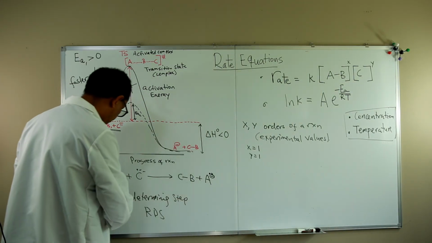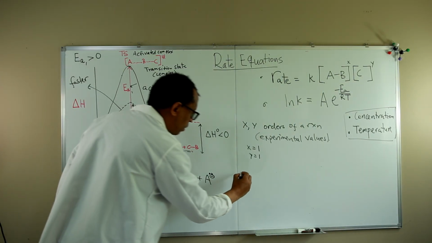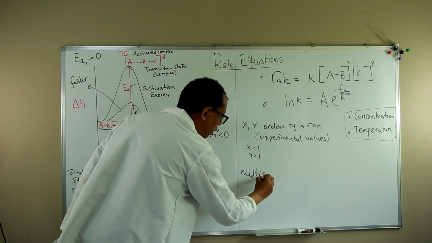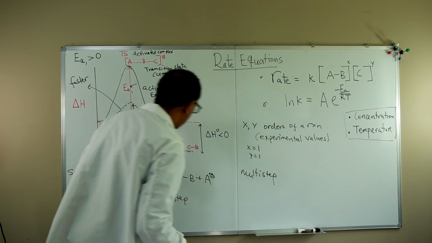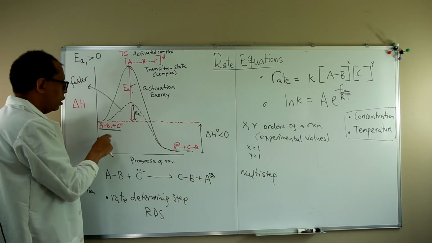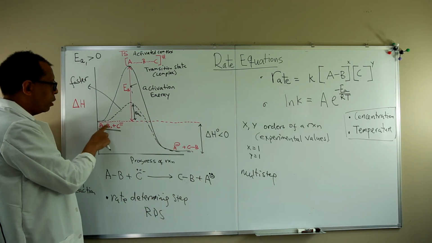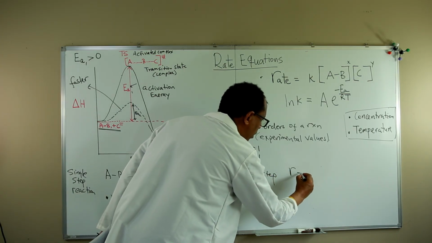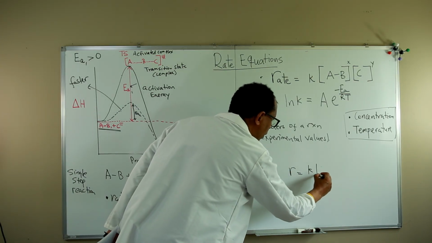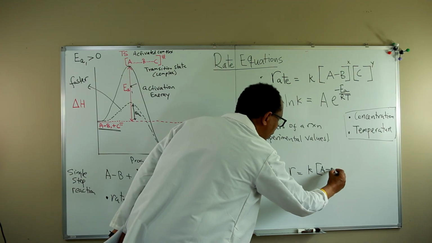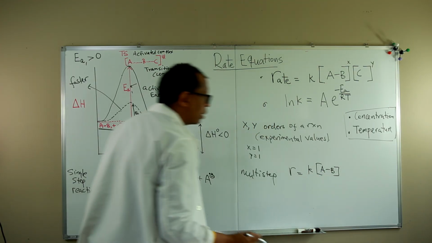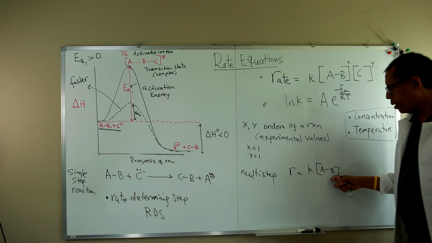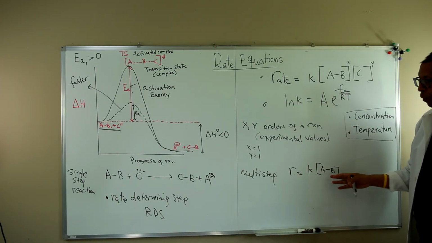But if you have, for example, a multi-step reaction like what we had earlier, and it's only dependent on the bond breakage of AB, then rate equals k times the concentration of AB, because at the rate determining step, it is AB that's involved.